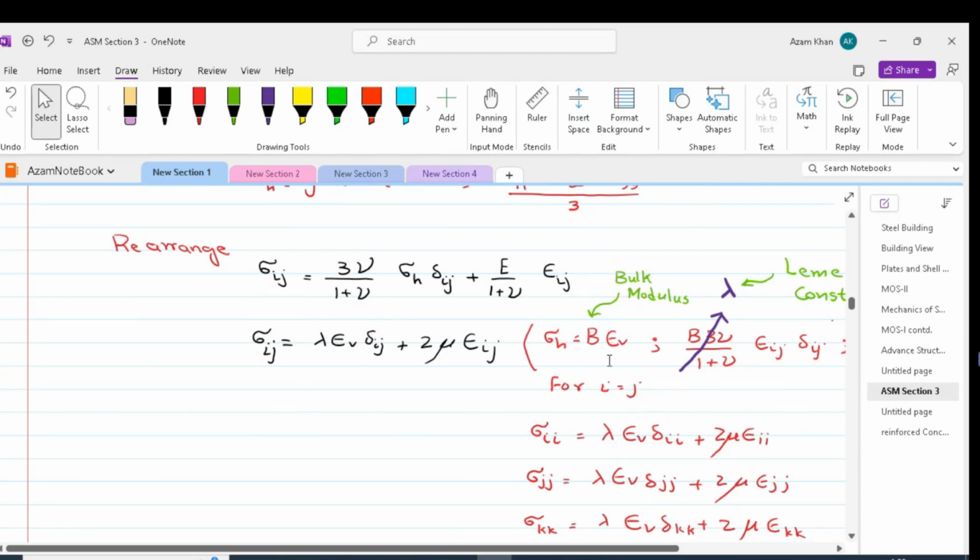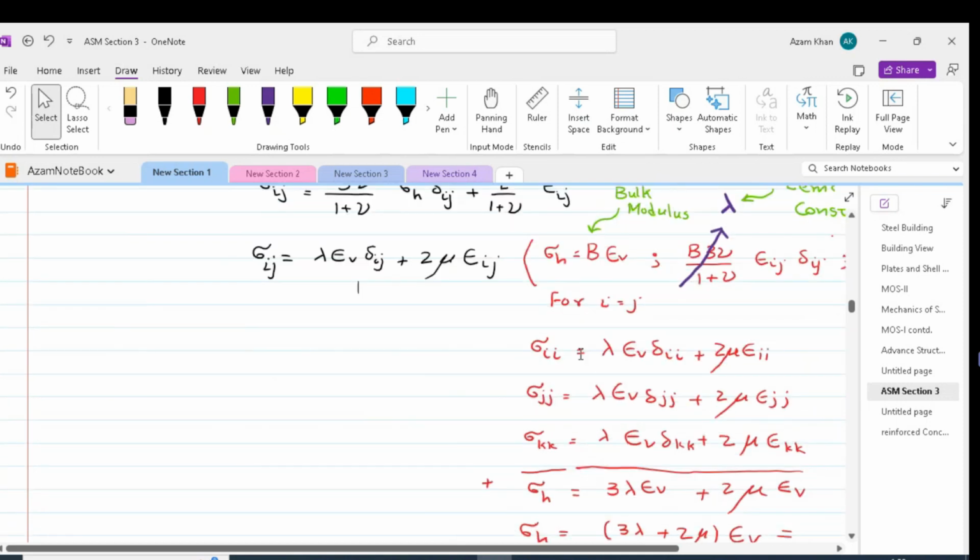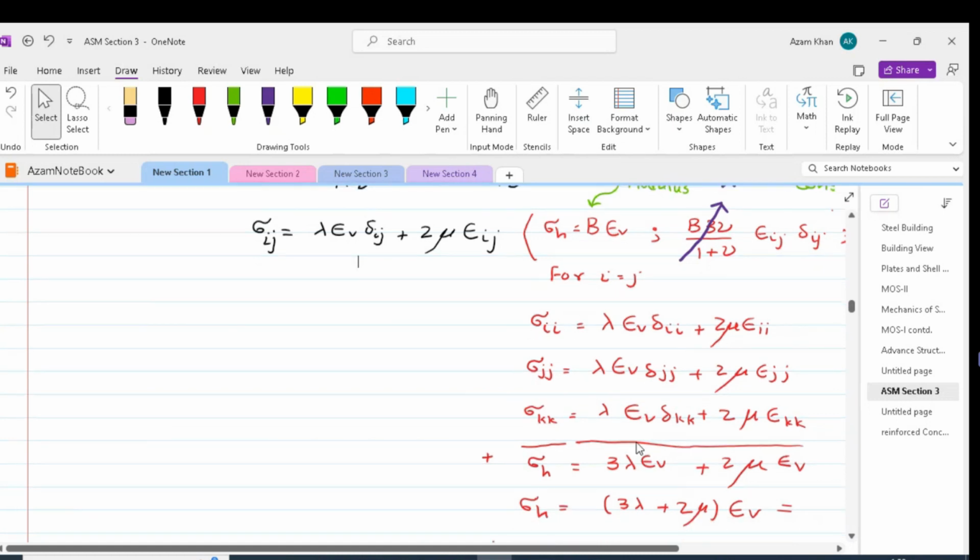Now the question is, how do we get this bulk modulus? So if we assume the same stress equation, sigma ii is equal to lambda epsilon v delta ii plus 2 mu epsilon ii. We write it corresponding to three axes of the coordinate system, which is I, j, and k, or in other words, 1, 2, and 3. So we write the three expressions, we add all of them.